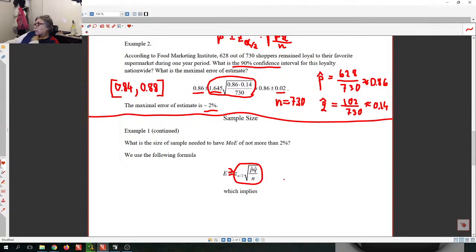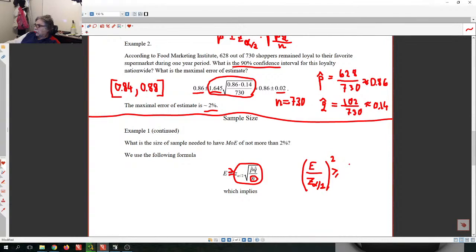Okay, now you have to work this out. So you have to find an inequality for the sample size. What you need to do is to divide by z alpha half, so you get the E divided by the z alpha half. I'm doing a little algebra here. If you're not interested in doing this algebra, tune out and tune in when I end up with the formula. This is going to be bigger or equal, then I have this piece here, radical. Well, I can immediately square everything, so get rid of radical. Square here.